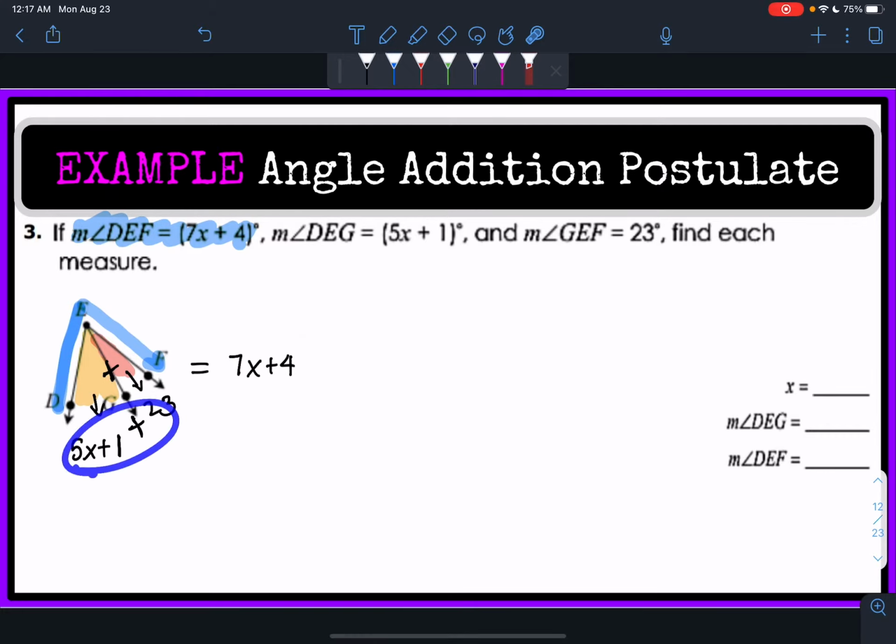So if I add those two, that has to equal 7x plus 4. Well, let's add those two before we set it equal to that, so we can come up with a simplified form of the equation. Well, I cannot add the 5x with the 23, but the 1 and the 23 can be added together to get 24. So 5x plus 24 is going to equal 7x plus 4.